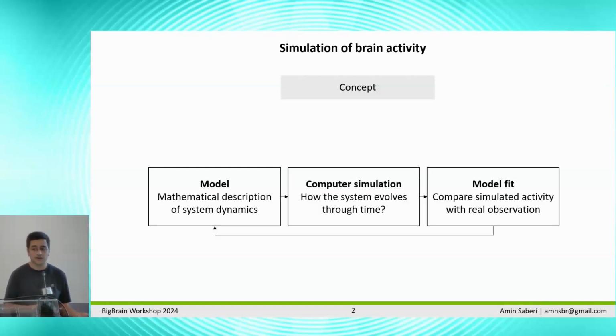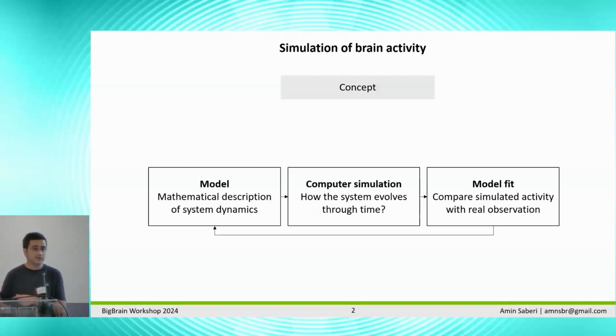But the solution to this system of differential equations is usually not a closed form solution, so you cannot derive it analytically. Instead, you run computer simulations, which means that you start with some states and then follow it time point after time point until you get to the last time point. Eventually you want your simulation to look like the actual data that you have measured, so you compare the simulated data with the actual data.